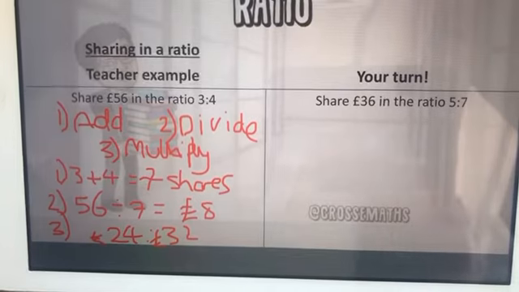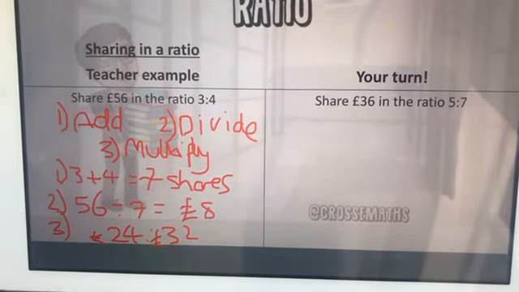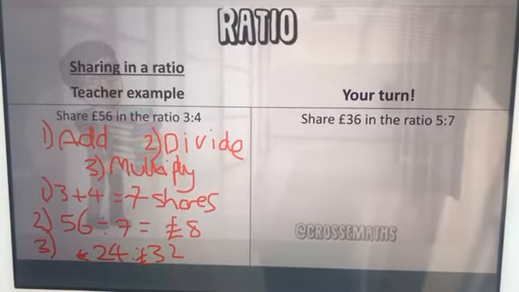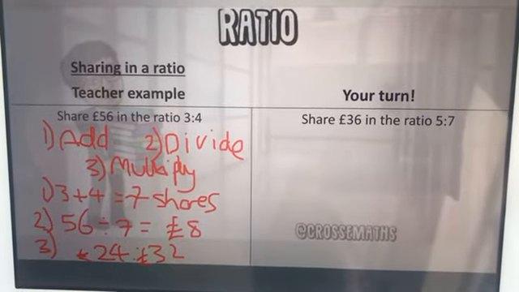What I'd like you to do, guys, get that written down for me, and then have a go at the one on the right hand side, please. I'll go through that in a sec. So get that written down for me, the one on the left, and then have a go at the one on the right.